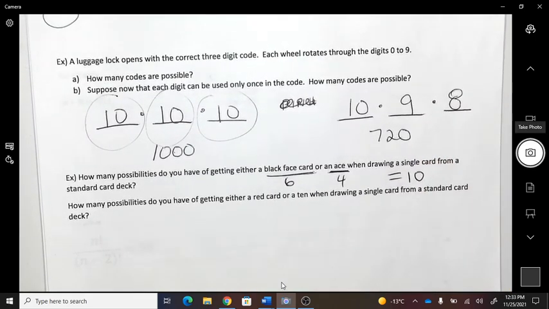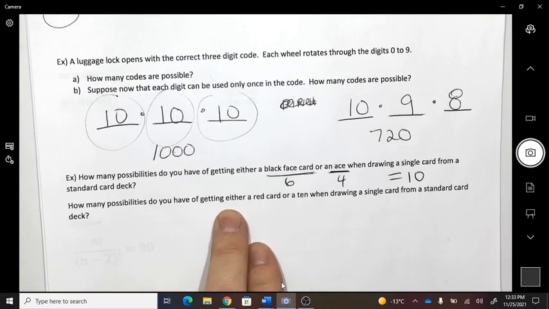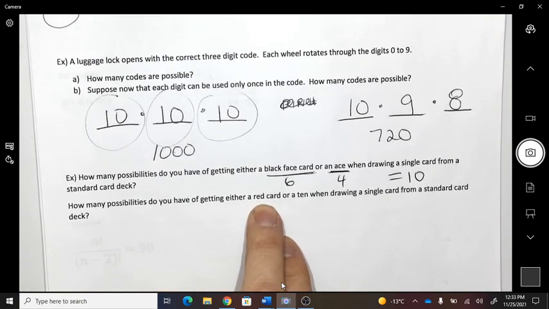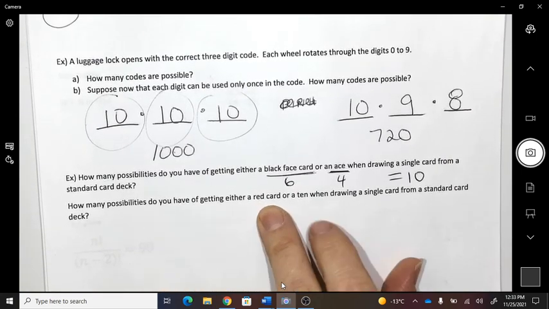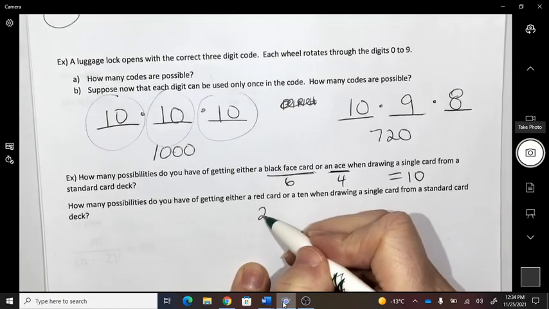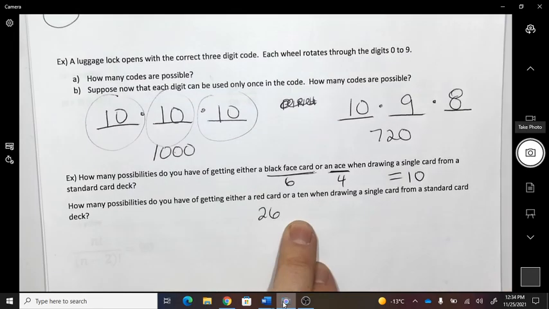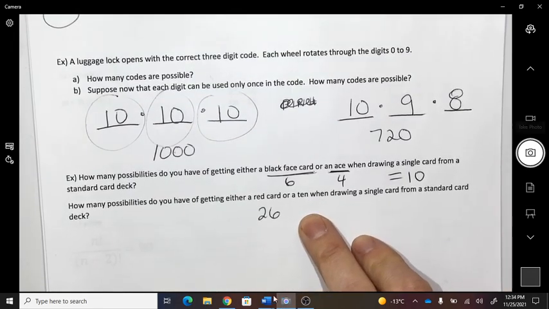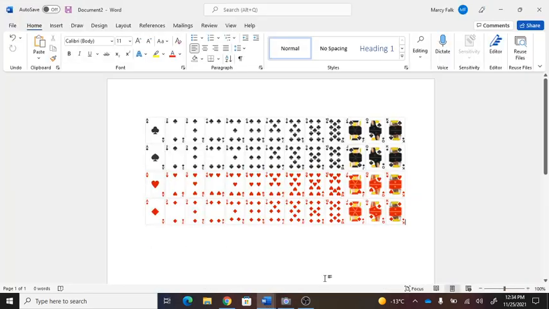How many possibilities do you have of getting either a red card or a 10? How many red cards are there? 26. See, you're catching on. 26 red cards. Or a 10. You have 4 10s. But what did we do here?